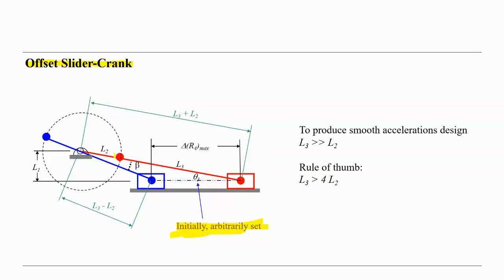In this limiting position we have L3 minus L2, and in the other this is L2 minus L3 here. And this is delta R max, it's already given, and this is the imbalance angle you see here.